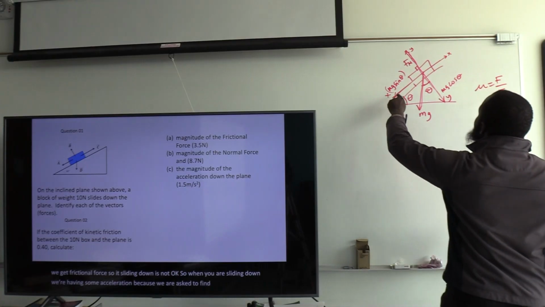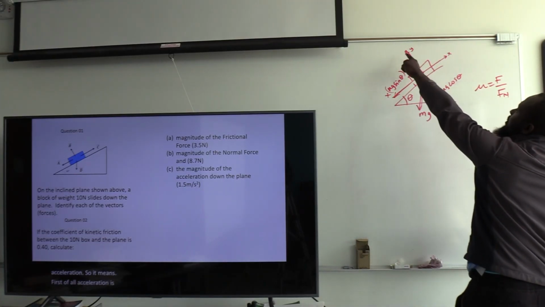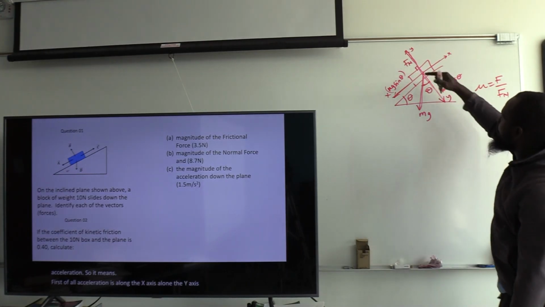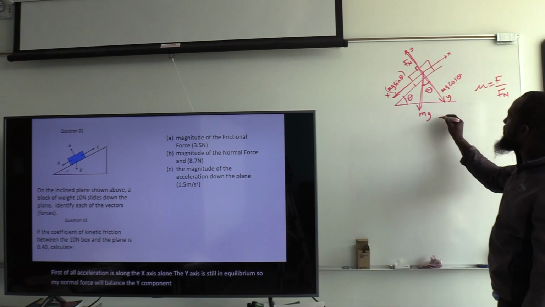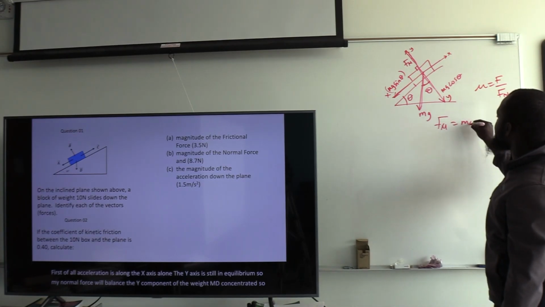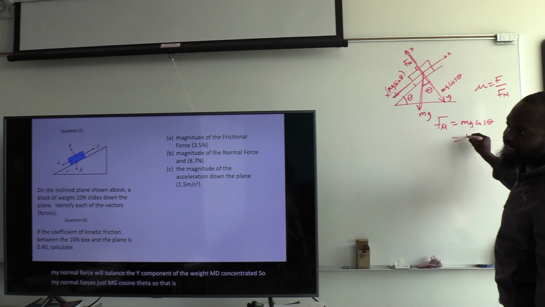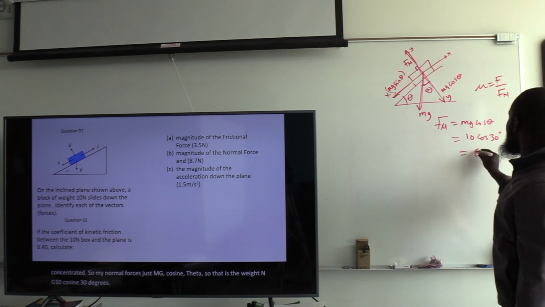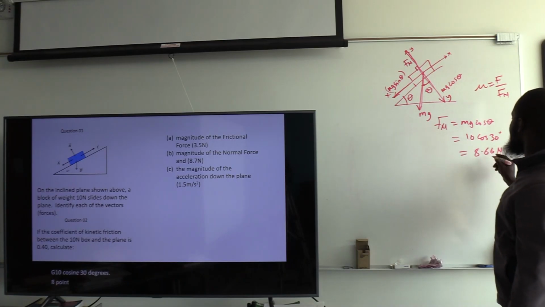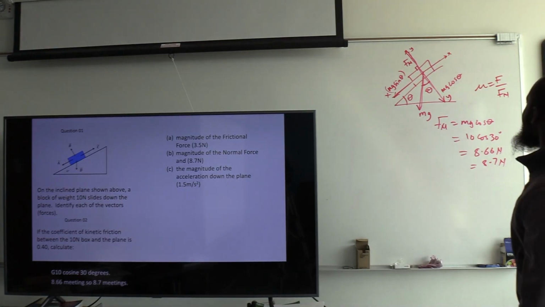So acceleration is along the x-axis alone. The y-axis is still in equilibrium. So my normal force will balance the y component of the weight, mg cosine theta. So my normal force is just mg cosine theta, which is 10 cosine 30 degrees, 8.66 newtons or 8.7 newtons. That's my normal force.